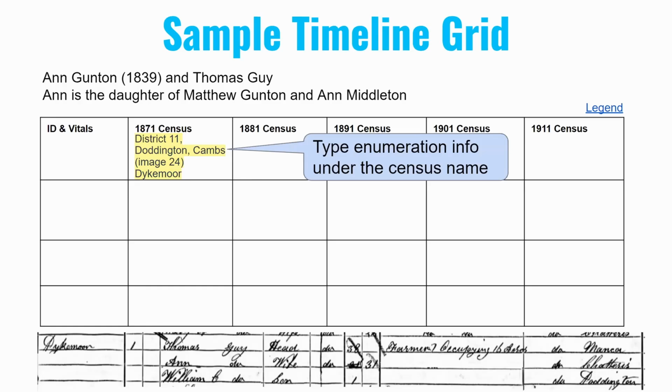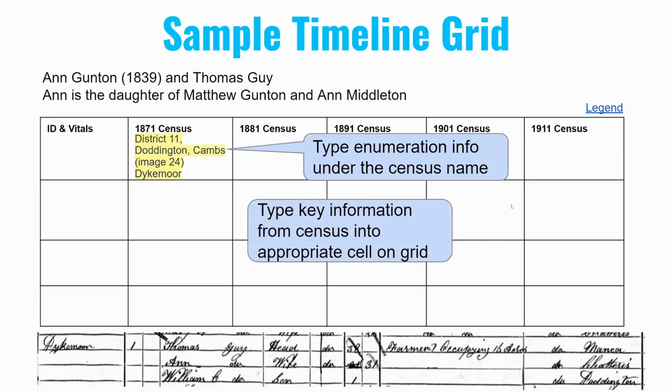So did this family always stay in the same place, or did they move partway through? Another reason that's helpful is if all the census records are, for instance, from Doddington, and then I've got one like in 1891 from the United States, I would be saying, maybe I've made a mistake there. So that enumeration information can help you see inconsistencies that might indicate an error.